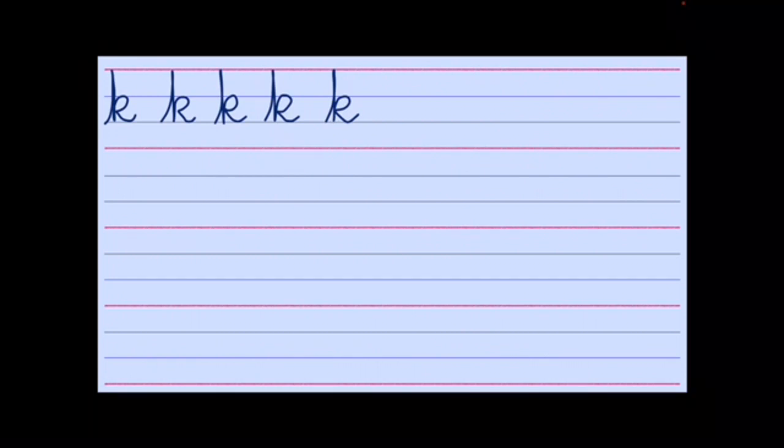You might like to practice that a few more times. You can see some of my letters weren't quite right. But no worries, we'll keep on practicing.